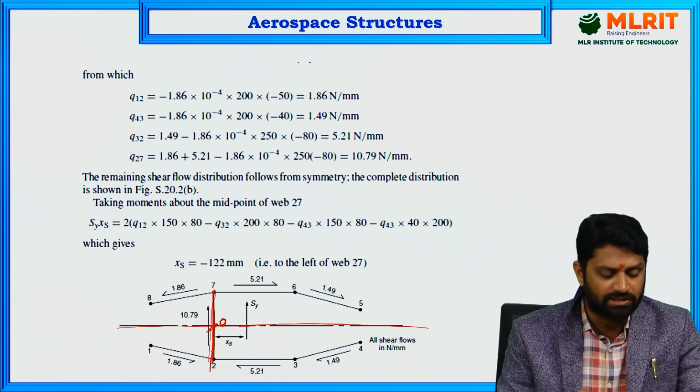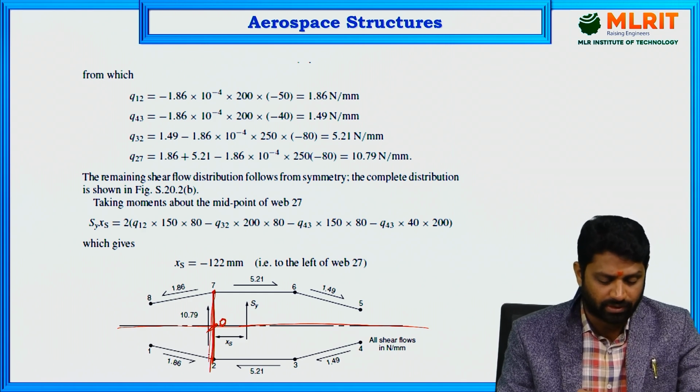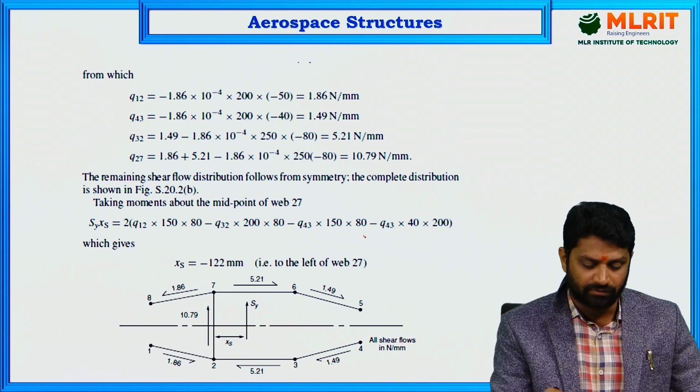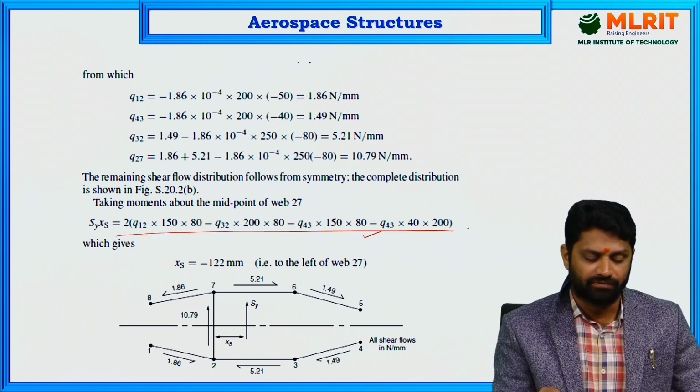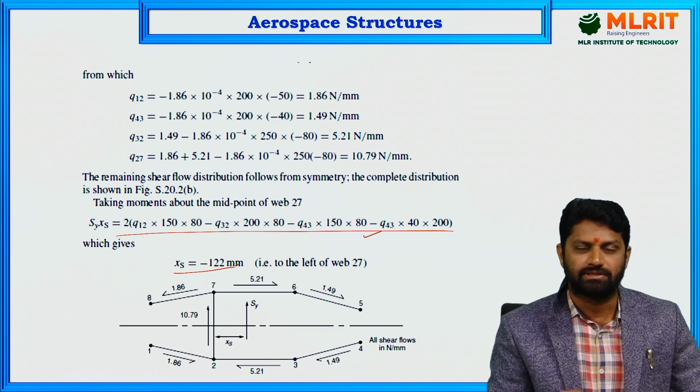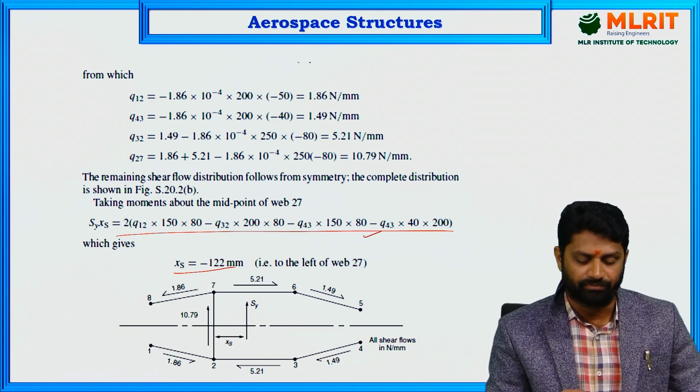Let's look into the other ones. You can substitute here, multiply the complete equation by 2, and you get XS equal to minus 122 mm.